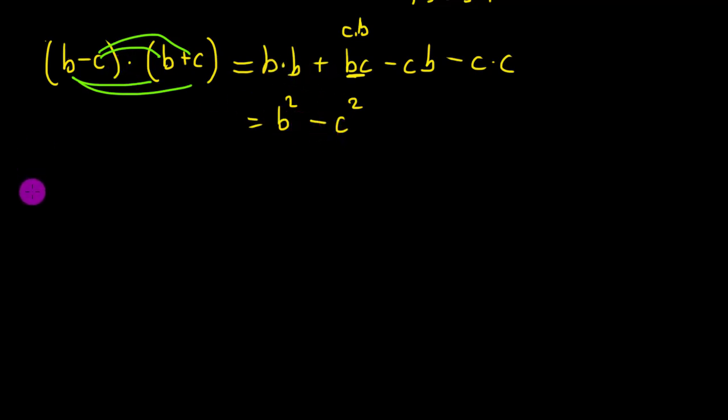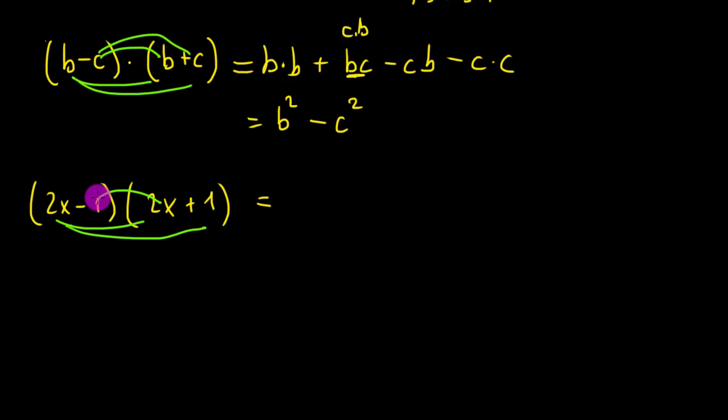Okay, next example. Let's have 2x minus 1 times 2x plus 1. What is the answer? So what do you do? 2x times 2x, 2x times 1, then minus 1 times 2x, minus 1 times 1, yeah?